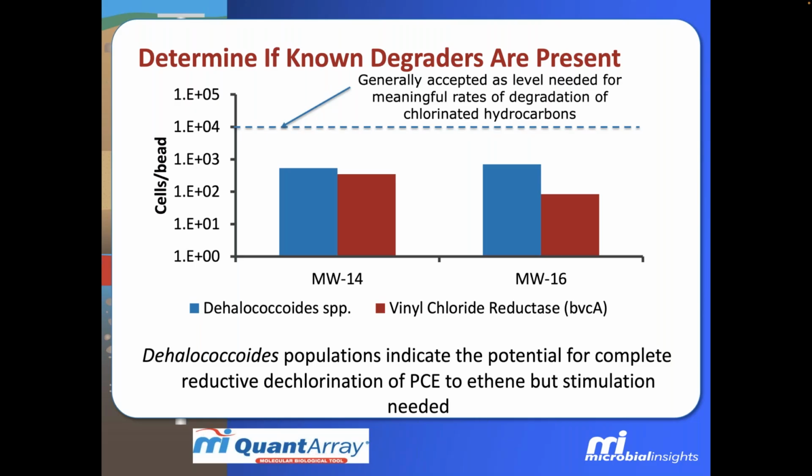So then we would look at data like this and consider adding an electron donor to stimulate the growth of Dehalococcoides. And then, as I said earlier, we can also use biotraps to demonstrate the effect of that electron donor or amendment in the site after we've injected it. I'll show you some examples of that.